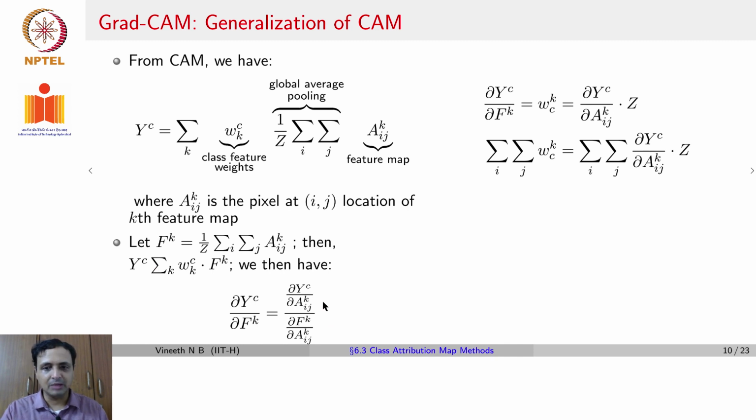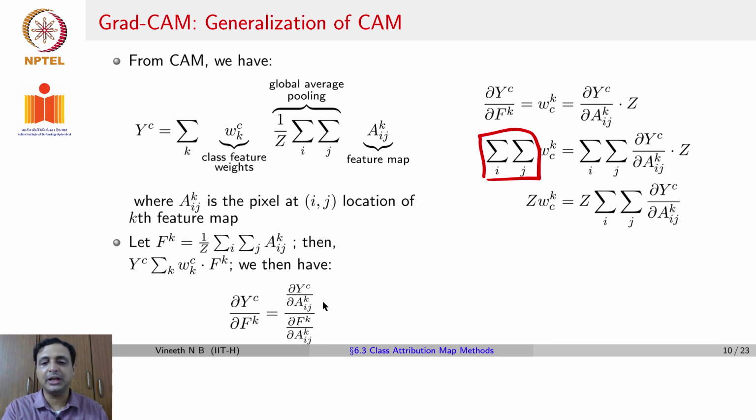Now if we sum the terms on the left hand side over i and j, which are all your pixel locations in each feature map, you similarly have a summation on the right hand side. The summation over i and j for w_k^c, because w_k^c does not depend on i and j, is just going to be Z, which is the total number of pixels in each feature map or activation map.